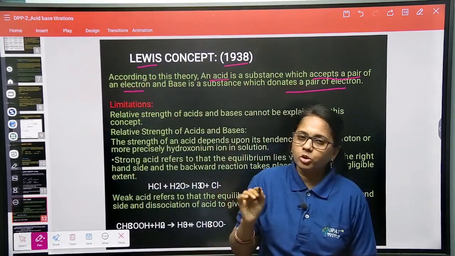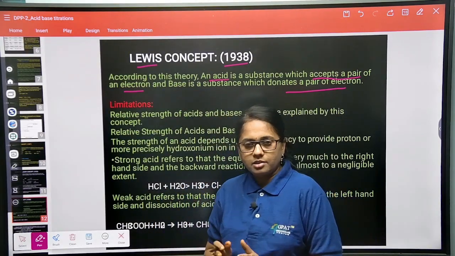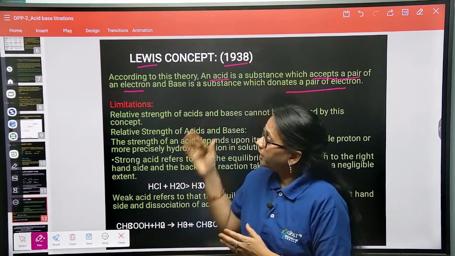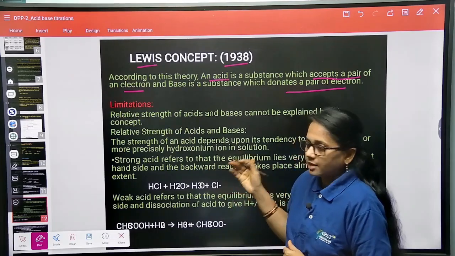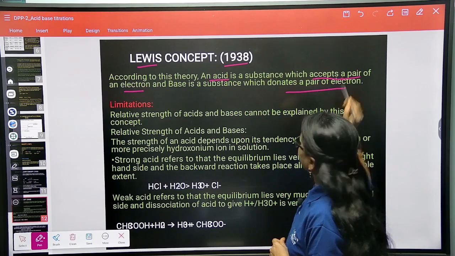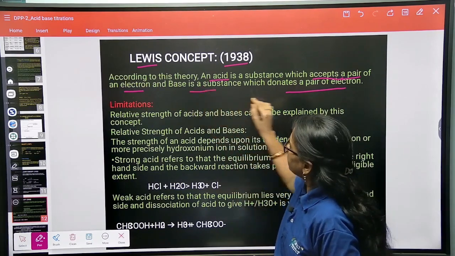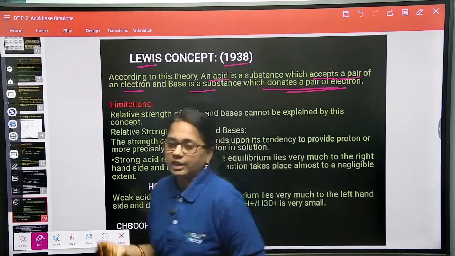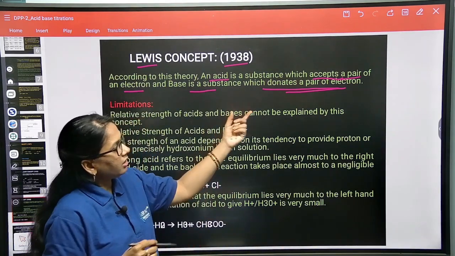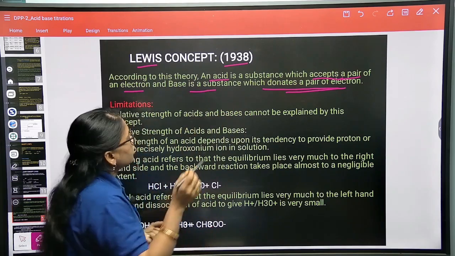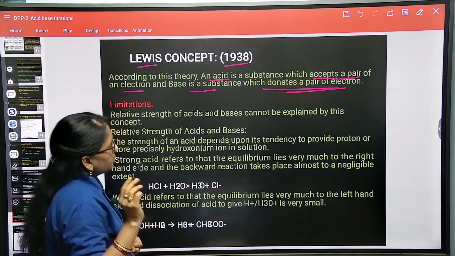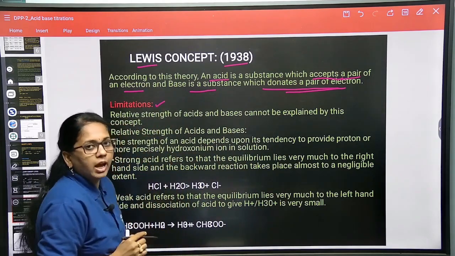According to the Arrhenius and Bronsted-Lowry theories, the acid is a proton donor, explained in terms of hydrogen ions. But the Lewis concept is explained in terms of electrons. Donating a proton made it an acid, but here accepting a pair of electrons makes it an acid, whereas donating a pair of electrons makes it a base.